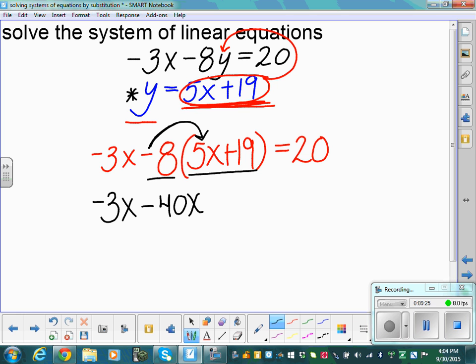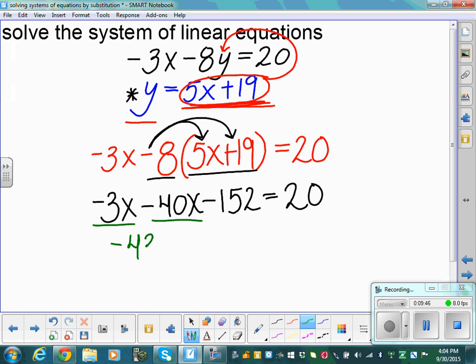Negative 8 times positive 19 is negative 152. And that is equal to 20. Now over here on the left, I'm going to combine all like terms. Negative 3x minus 40x is negative 43x's. And then we have minus 152 is equal to 20.